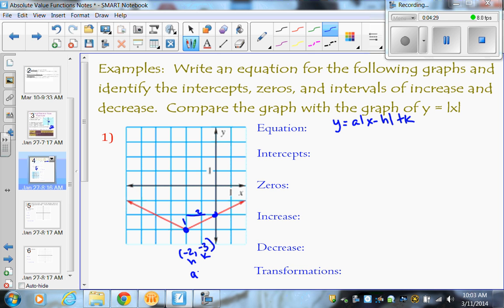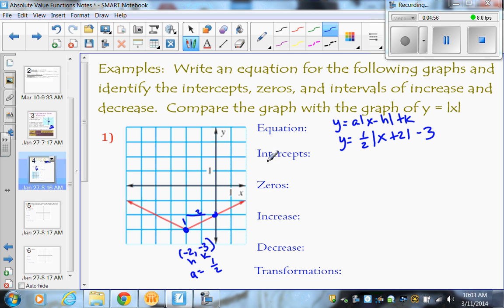So my a value would be 1/2. And it should be positive because it opens up. And now we're ready to plug that into our equation. So we have y equals, the a value is 1/2, absolute value of x minus h, so minus a -2 really makes it a +2, and then plus k, so plus a negative is a minus.